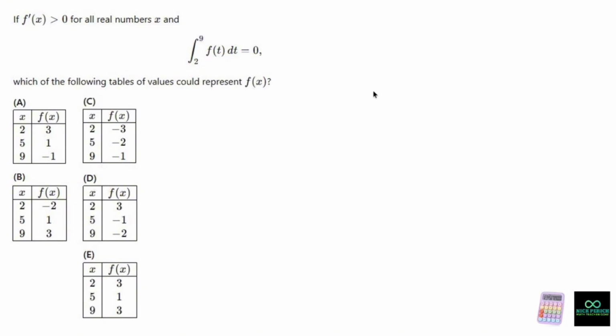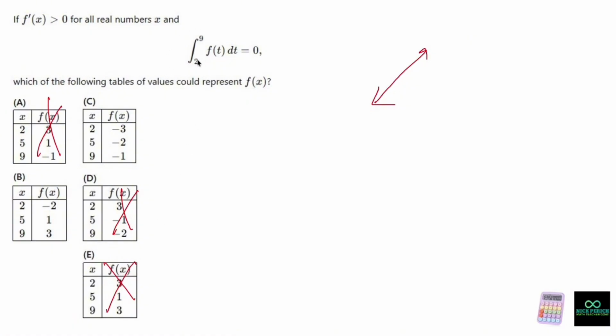If the derivative is positive, that means a positive slope throughout. So I need my values to always increase, which means you're decreasing, so you're not an option. B is an option. C is an option because you're increasing. You're decreasing, and you decrease then increase, so those guys are no good.